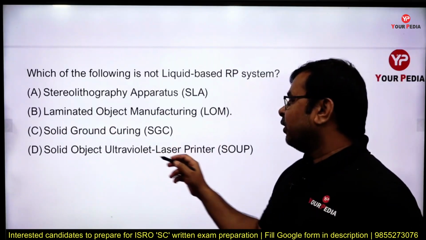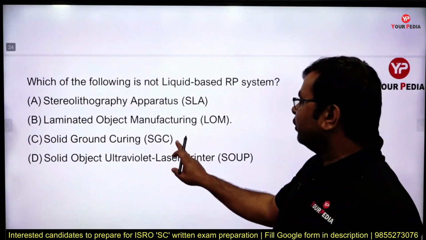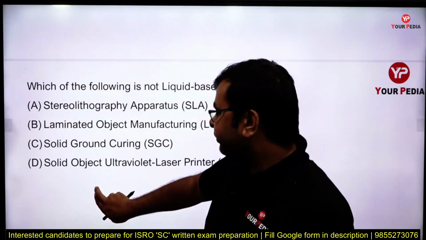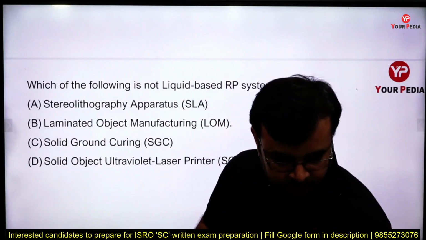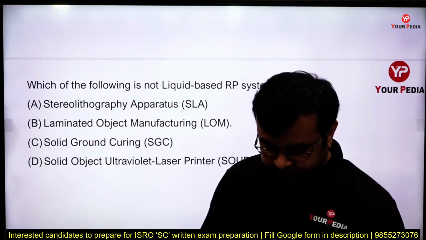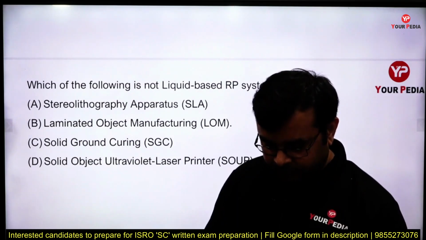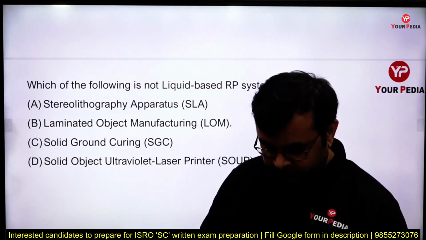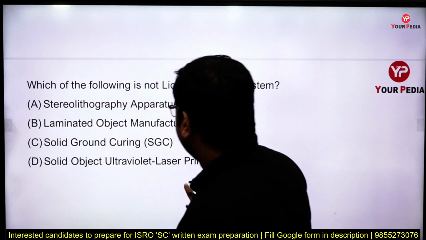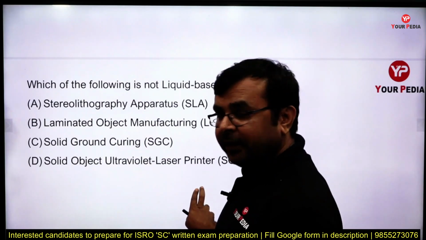Solid ground curing and solid object ultrasonic laser printing also use liquid. So the correct answer is laminated object manufacturing. Obviously, in laminated object manufacturing, we use layers of sheet, correct?